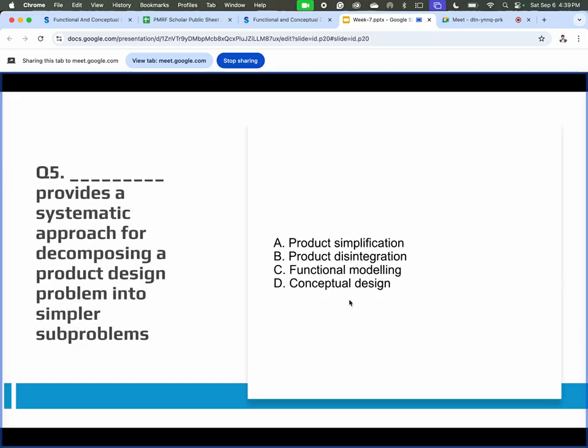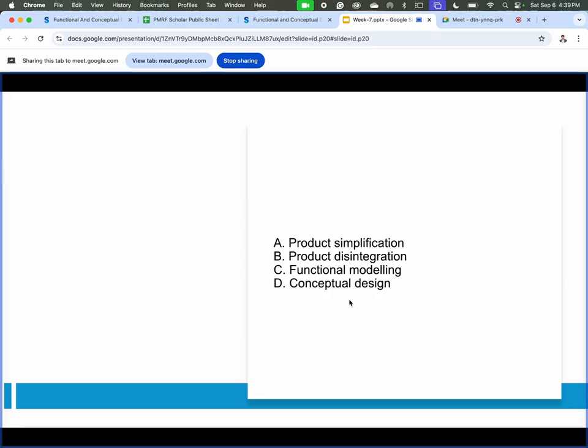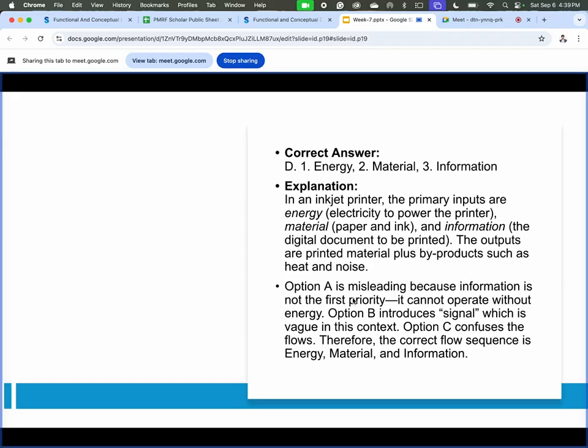Option A is misleading because information is not the first priority and it cannot operate without energy. Option B introduces the signal, which is weak in this context. Option C confuses the flow. Therefore the correct flow sequence, energy, materials, and information, is the right answer.